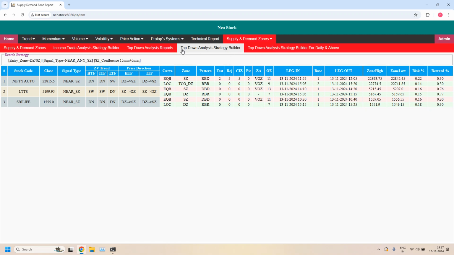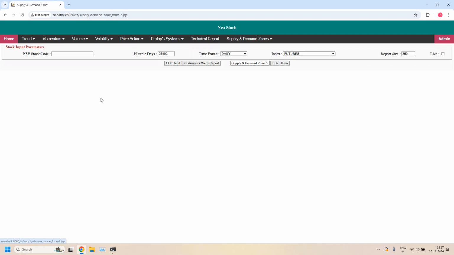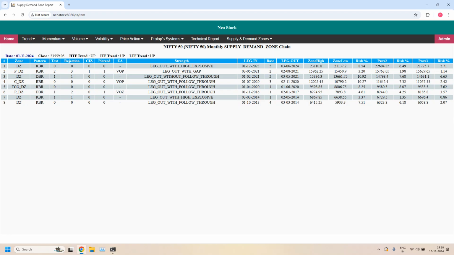Next, let us look into the NIFTY and BANKNIFTY supply demand zone chain. Let's start with NIFTY, monthly time frame, generating the monthly supply demand zone chain for NIFTY. In this list, always look into the zone column to find the high liquidity zones.